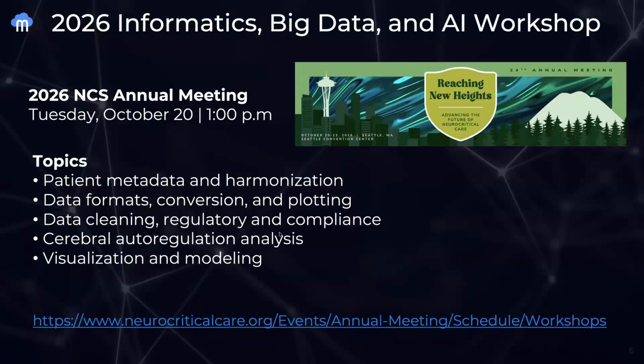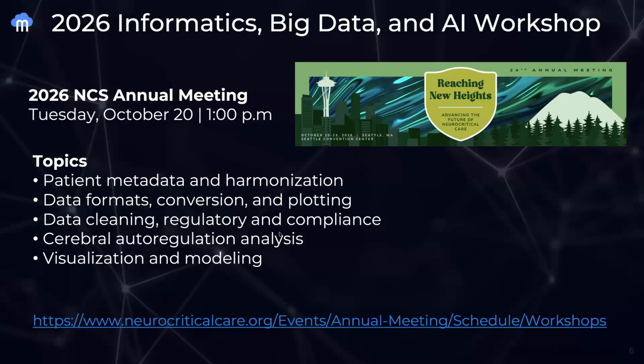Also, this year at the Neurocritical Care annual meeting, we're going to be doing the second time we've run this workshop. We're doing an informatics, big data, and AI workshop on Tuesday, October 20th, ahead of that meeting. It was a wonderful event last year. We had a lot of great feedback, and a lot of great presentations.